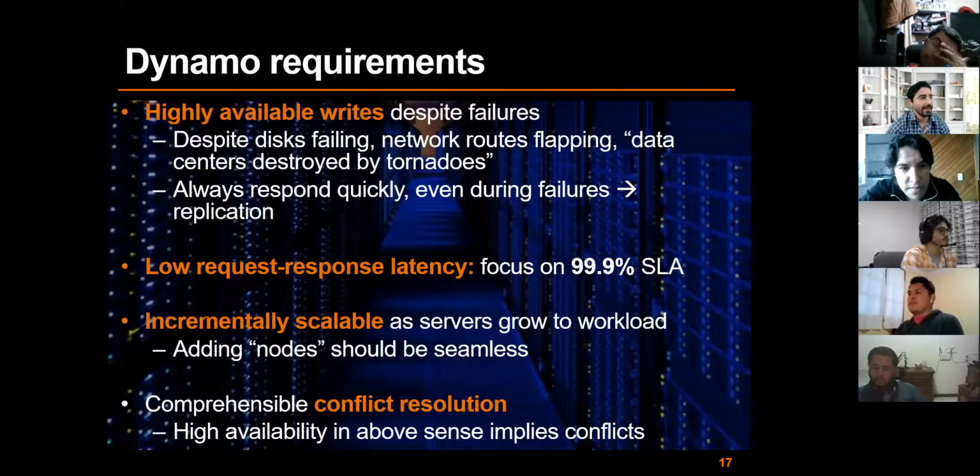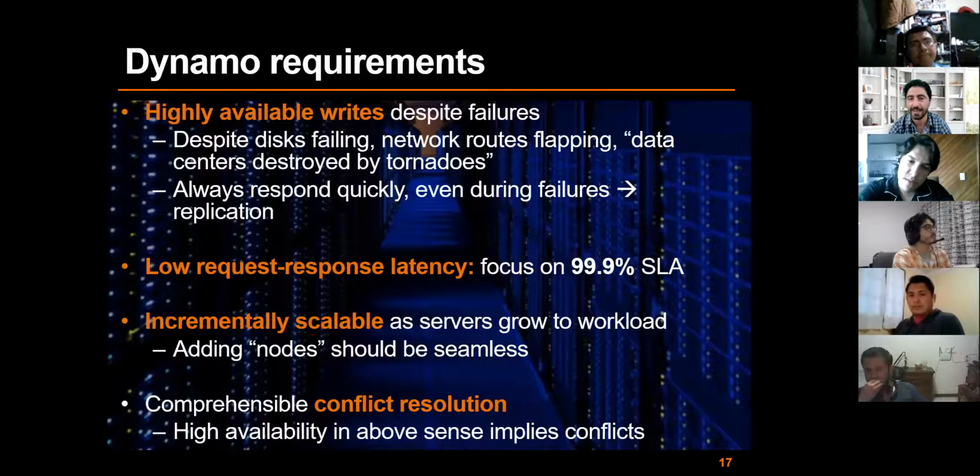You also want it to be incrementally scalable. Imagine the growth that Amazon had; of course, you want that scalability. You also want adding new nodes to be seamless, without overloading the system by adding new data centers.